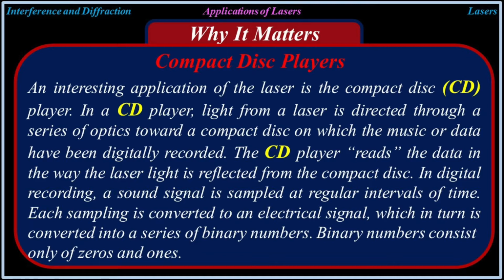In digital recordings, a sound signal is sampled at regular intervals of time. Each sampling is converted to an electrical signal, which in turn is converted into a series of binary numbers. Binary numbers consist only of zeros and ones.